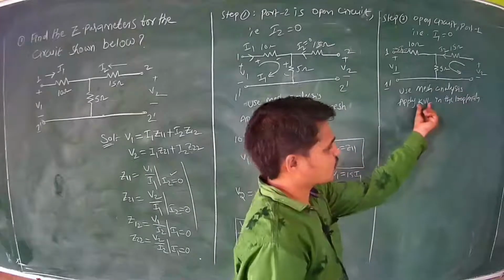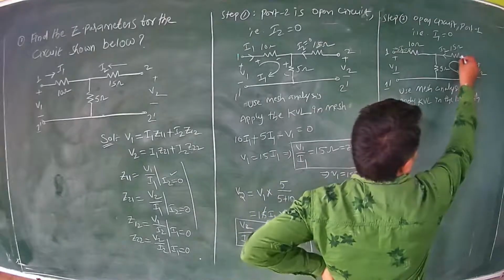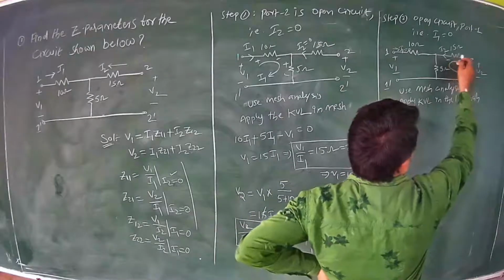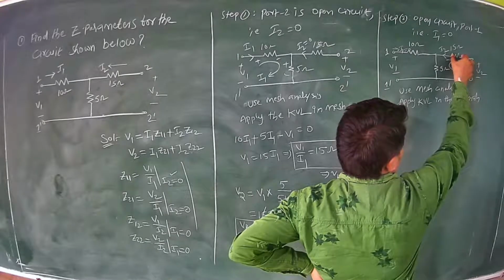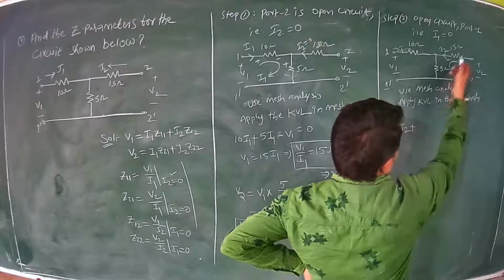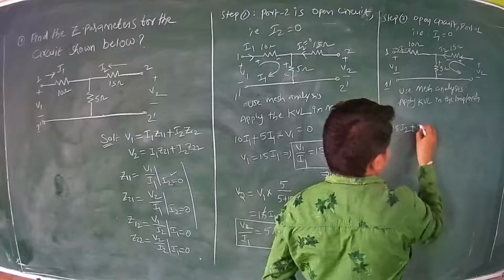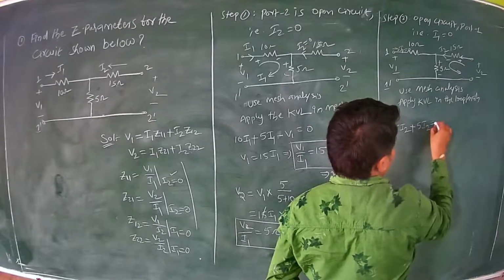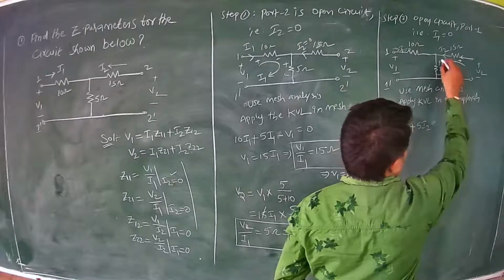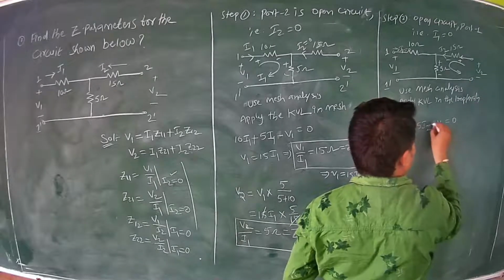The algebraic sum of the voltages around any closed path is equal to 0. Therefore, I am starting at this point. Current is entering this terminal, plus minus. The voltage across this 15 ohm resistance is 15 into I2, plus the voltage across the 5 ohm resistor is 5 into I2, minus V2 equal to 0.